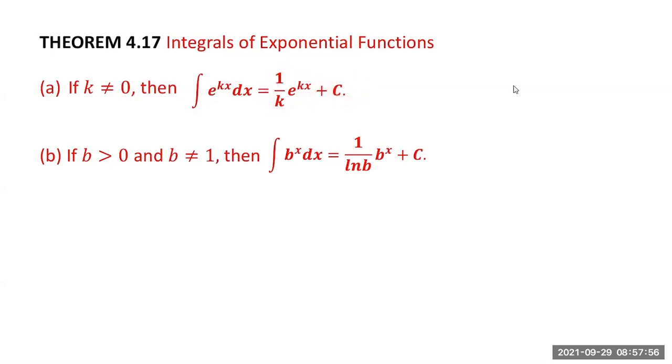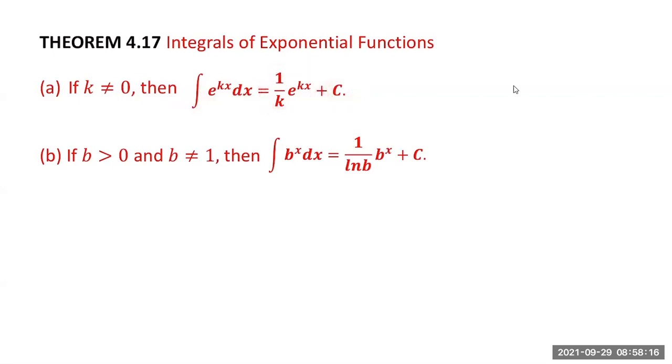Again, to prove that this formula is true, all you need to do is show that this is an antiderivative of the original function e to the power kx. It is clear, right? If you take the derivative of this function, it will give you this function. So the indefinite integral of this function is that antiderivative plus a constant.